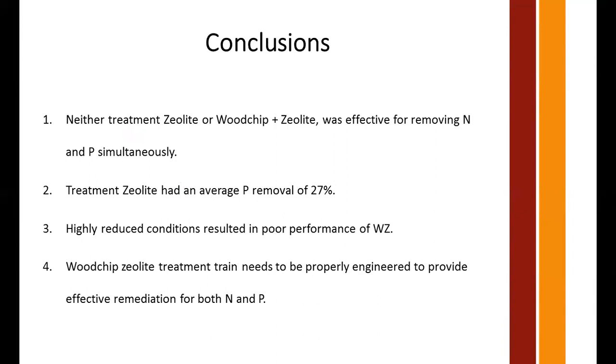And in the future, the woodchip zeolite treatment train needs to be properly engineered to avoid stagnation zones or excessive hydraulic retention times for effective remediation of both nitrogen and phosphorus simultaneously.